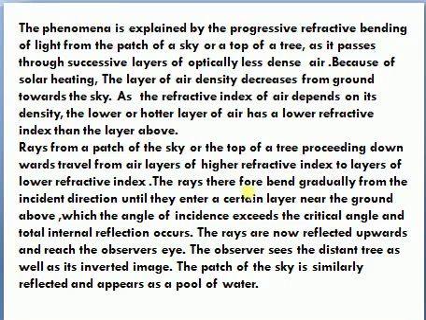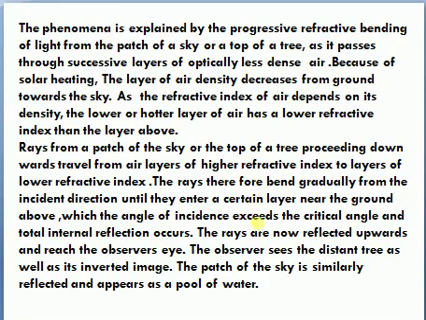Gradually they are bending until at a certain point the angle of incidence exceeds the critical angle. At that point the ray will be totally internally what? Reflected. So at that point total internal reflection occurs.